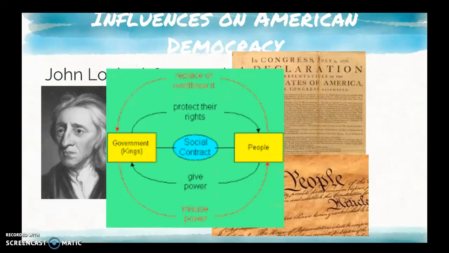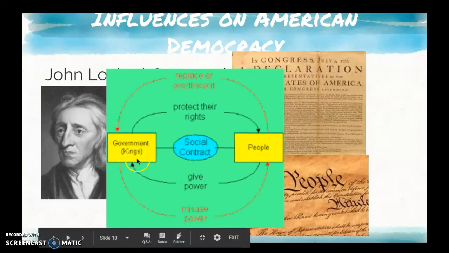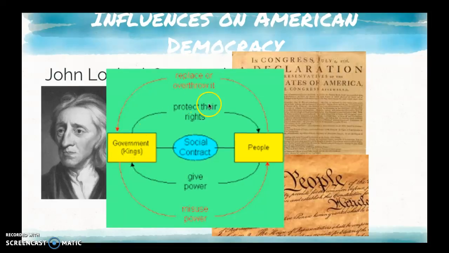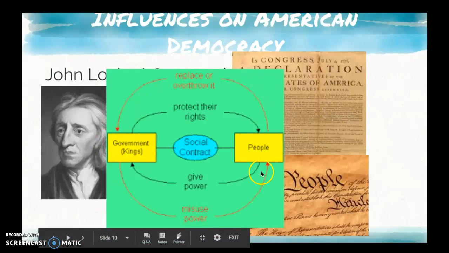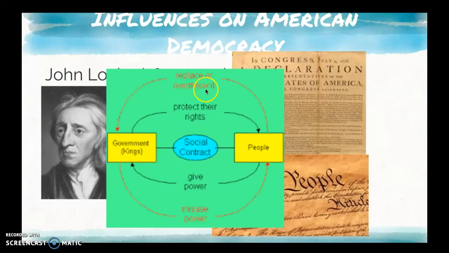The second key idea that we get from John Locke is this idea of a social contract. This is where people agree to give up some of their freedom and give the government power. And in return for that, the government is supposed to protect our natural rights. But if the government abuses the power and violates the natural rights, the people have the right to replace or overthrow the government and establish a new government.